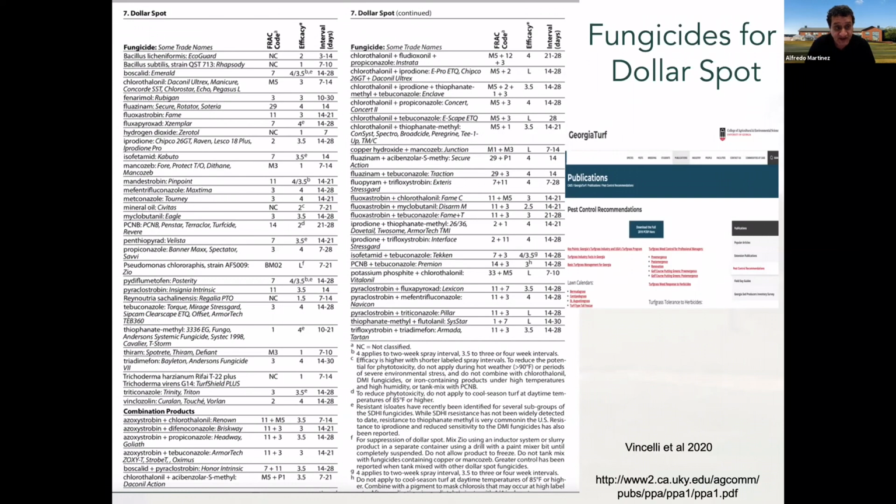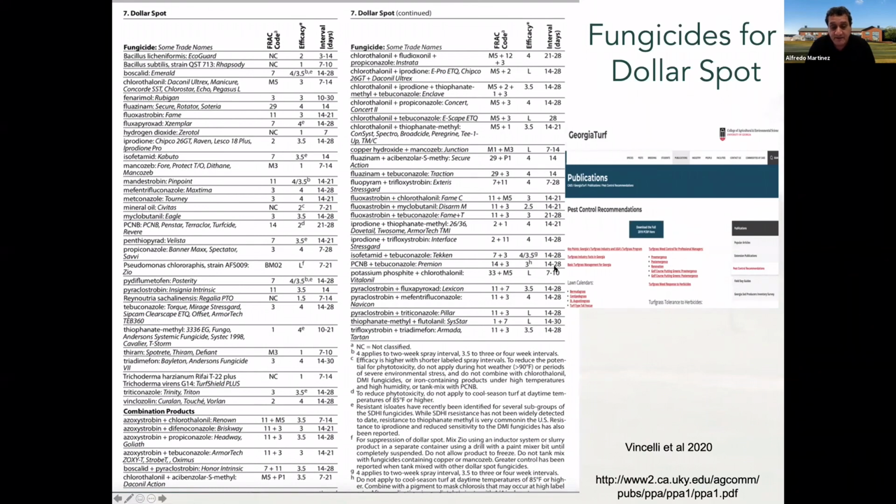I will concentrate on some, for example, those that have thiophanate methyl, or any of the azoles. Its active ingredients, metconazole, for example, propiconazole, anything that ends up in azole in a fungicide will be very efficacious against dollar spot.